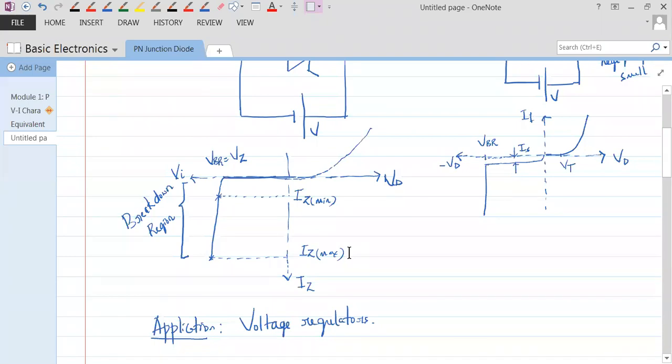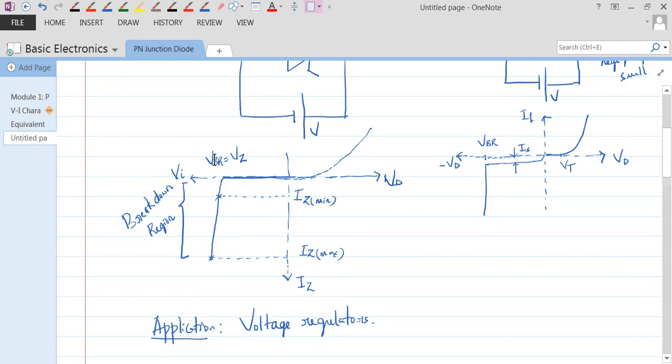So we should see that the Zener current, or the breakdown current, should not go beyond this Iz max. So what do we have to control for keeping within Iz minimum and Iz maximum?